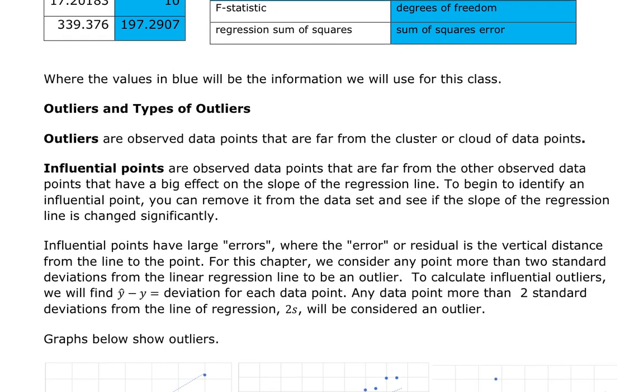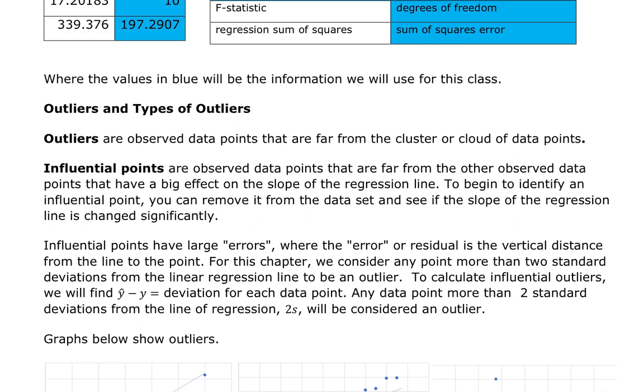When we talk about outliers, there are two types of outliers. There's just an outlier, which doesn't really influence the data, and then there's an outlier that actually influences the data. The influential outliers will have large errors, that is, the distance between the predicted and the actual will be large. The error is the residual.